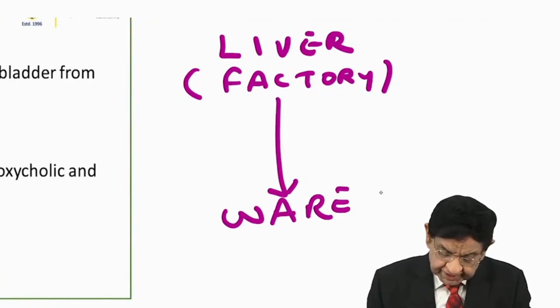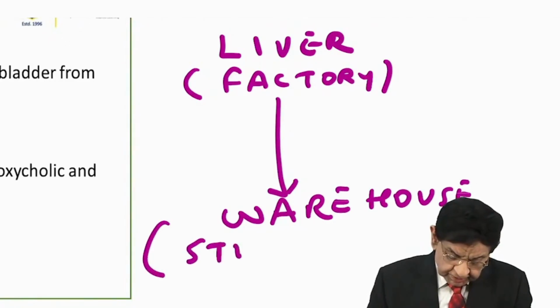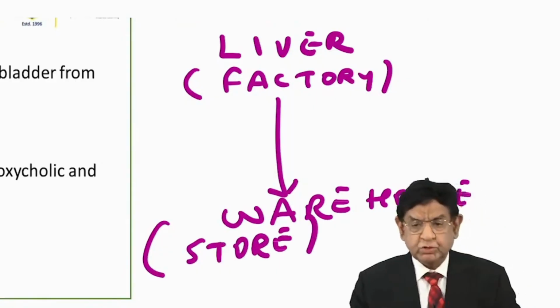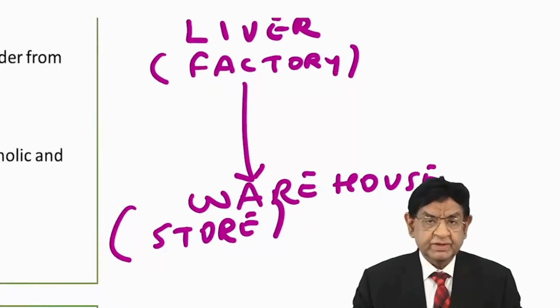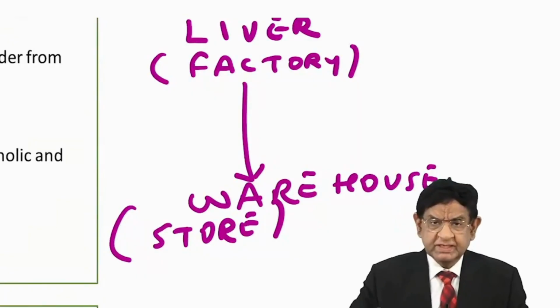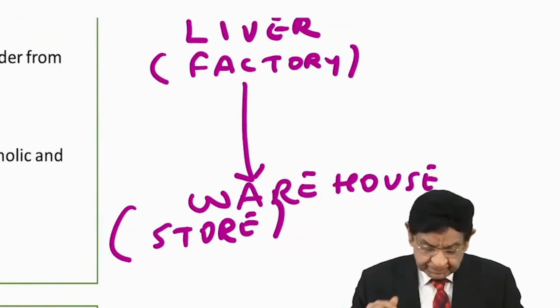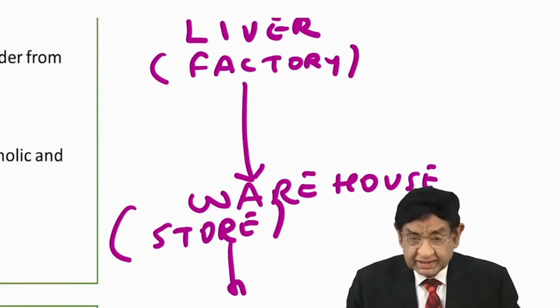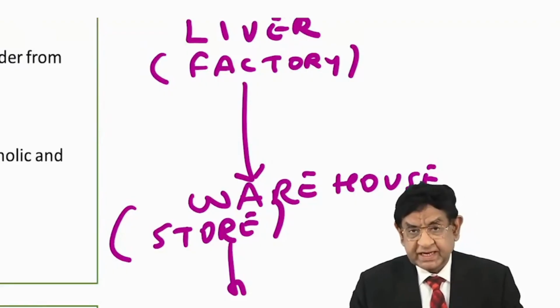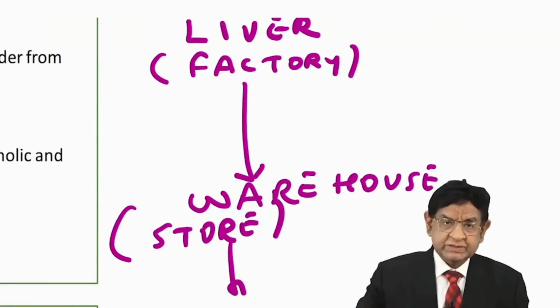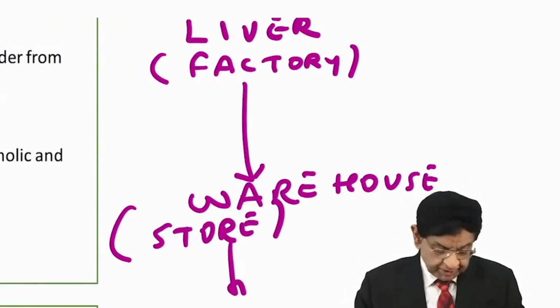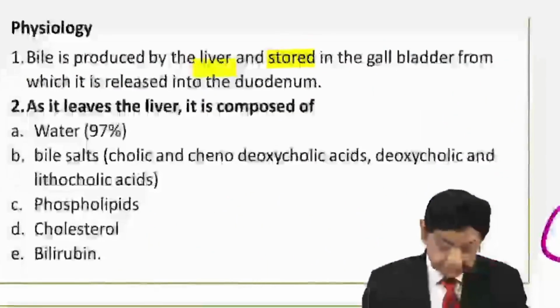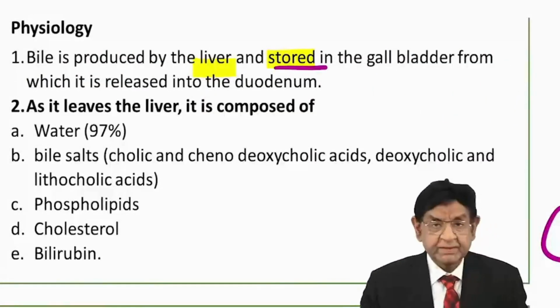Warehouse for any factory is the place, or you can say storehouse, where the things are stored. Manufacturing is very fast. They go to the warehouse, get stored, and from there ultimately they go to the market for sale. Well, for us, liver is the factory for the formation of the bile, and the storehouse is the gallbladder. Point to be noted. So we understood.